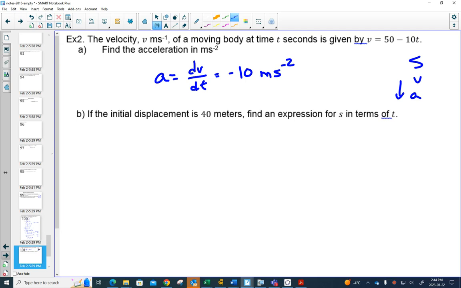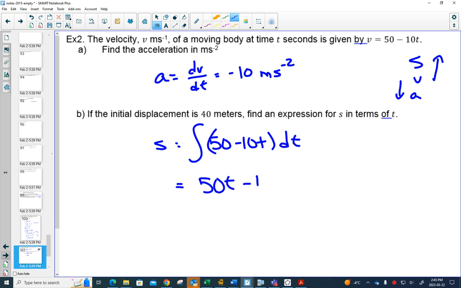If I want to find s, that would be going from my velocity up. I'm going to need to do the integral, and anytime they say initial, that's telling you that time is 0.